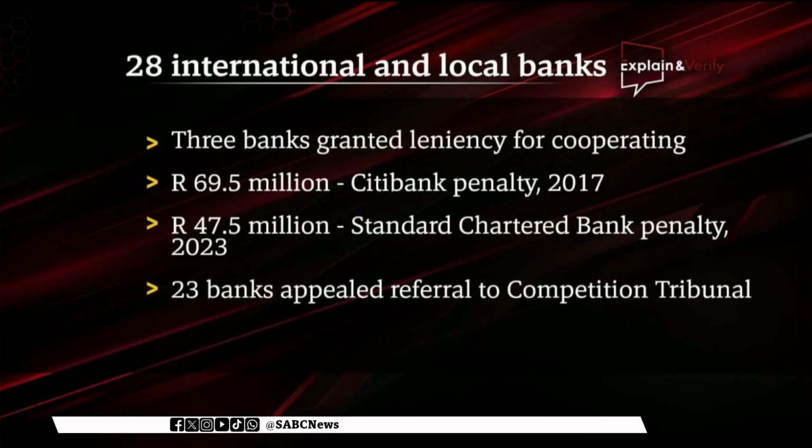Then you go to the Standard Chartered Bank penalty, which was 47.5 million rands in 2023. 23 banks appealed the referral to the Competition Tribunal. So this particular matter will go straight to the apex court in the land, the Constitutional Court, but it also goes with a myriad of other issues.